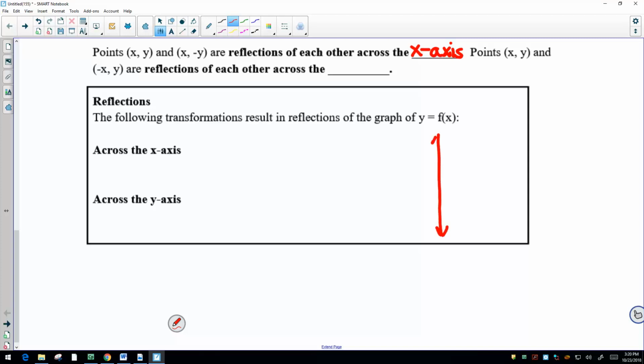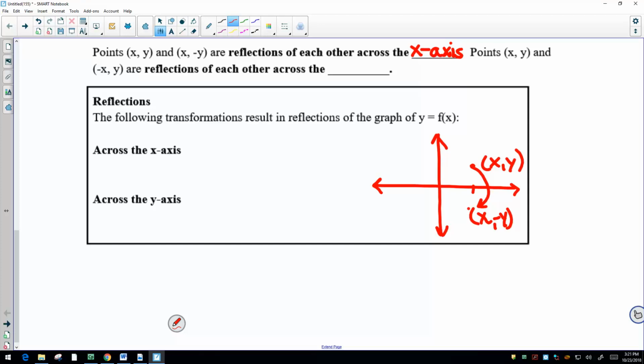Maybe a visual to go along with this. You have any coordinate, we'll say here's your coordinate, call it x, y. And if I'm flipping this across the x-axis, I'm still going to go over that same x amount, but now instead of going up positive y, I'm going to be going down a negative y value. Okay?